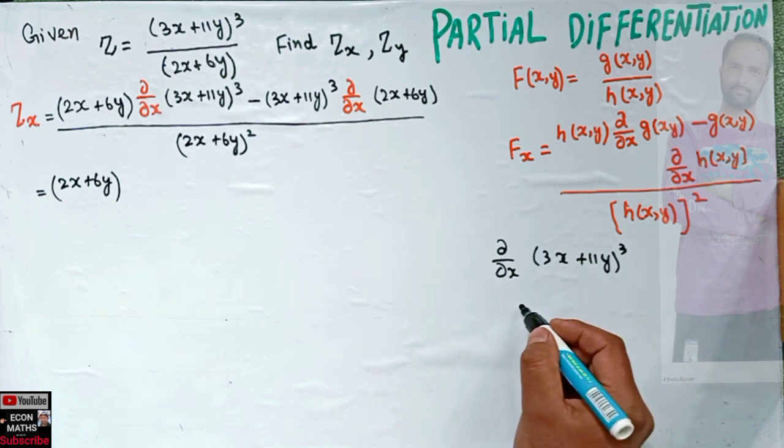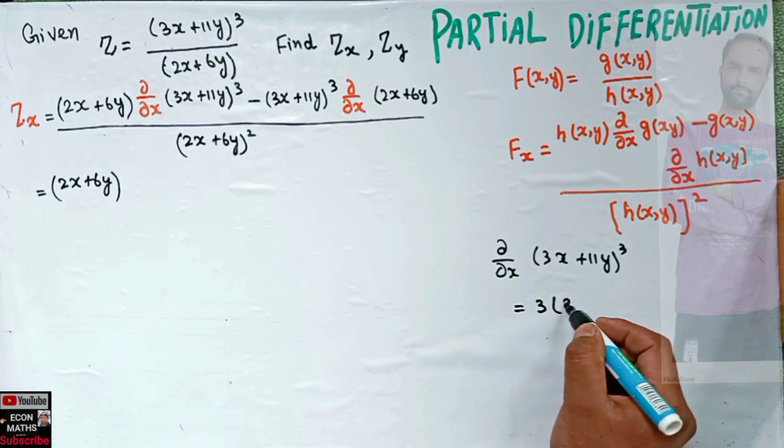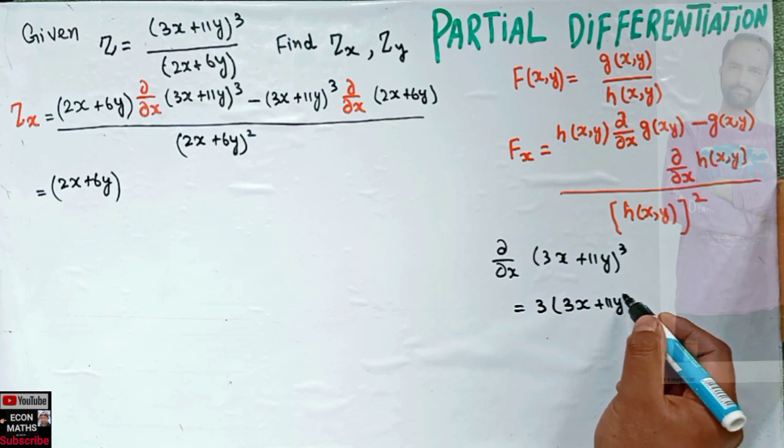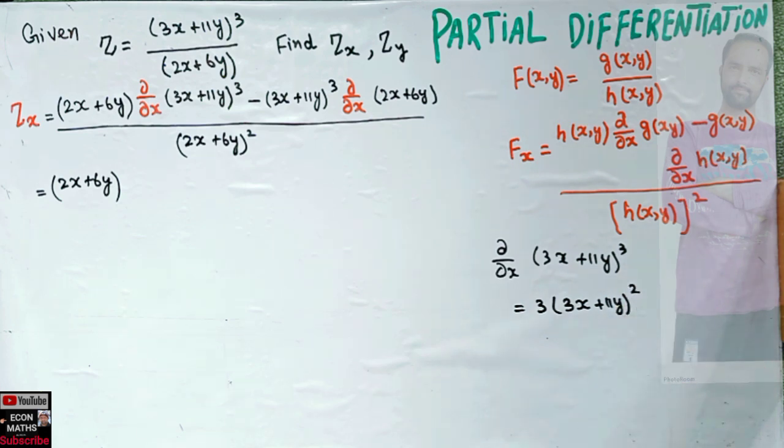So first this exponent becomes coefficient, as I have explained so many times, then (3x plus 11y) square. Now 3 minus 1 is 2, the exponent is subtracted by 1.